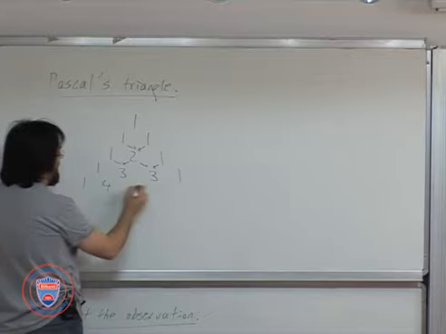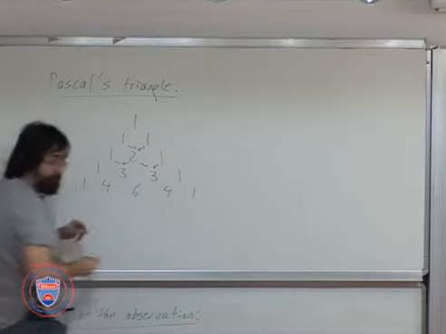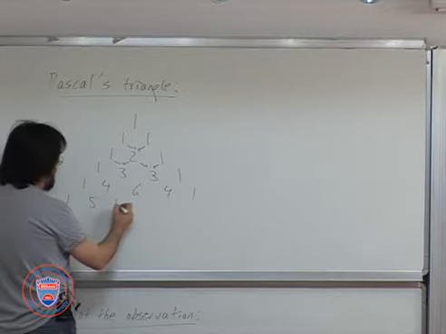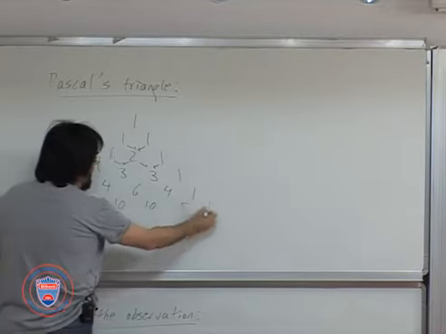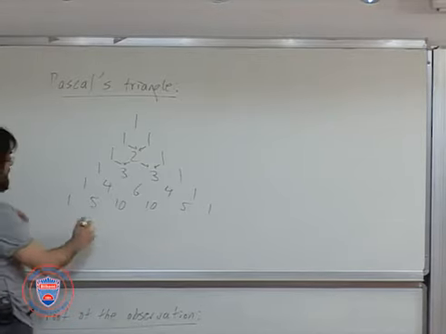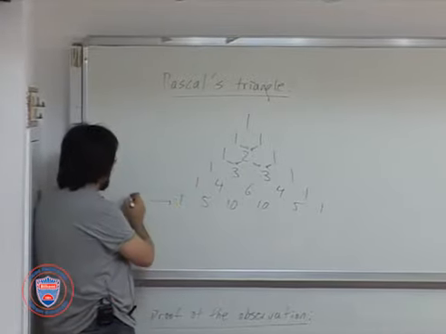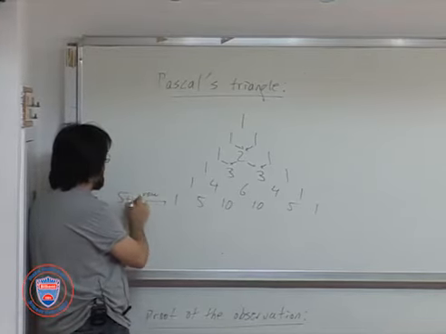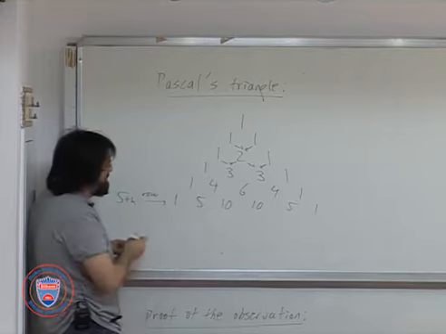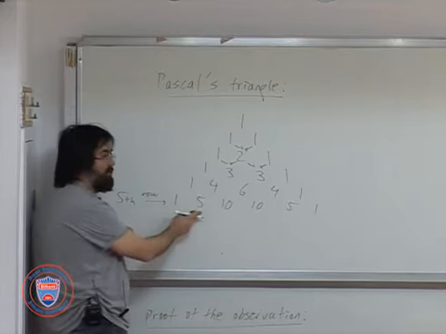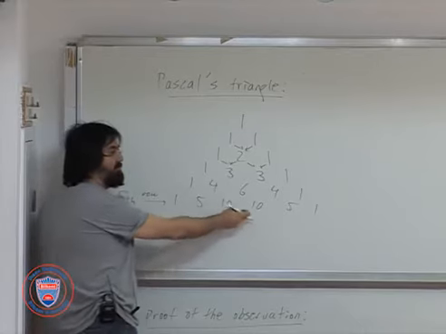This process will give you all these numbers in a row, where you can interpret them. Say this is the 5th row. You can interpret these numbers as 5 choose 0, 5 choose 1, 5 choose 2, 5 choose 3, and so on.